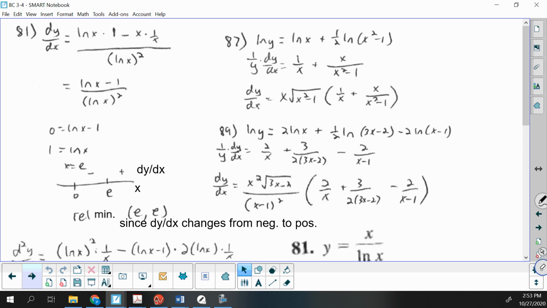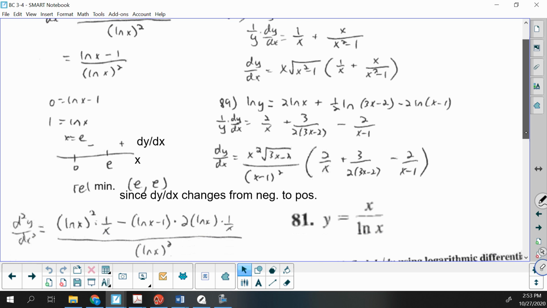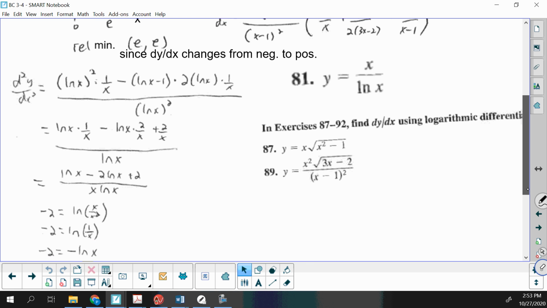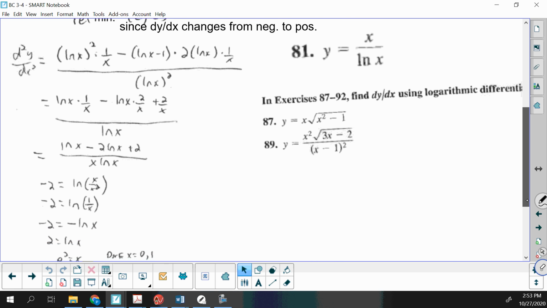So 81 kind of goes down long on the page, so I'll scroll down in a second. 87 and 89 are on the right there. So there's your second derivative where you had to use a quotient rule.